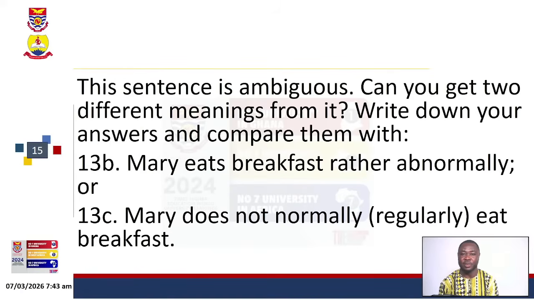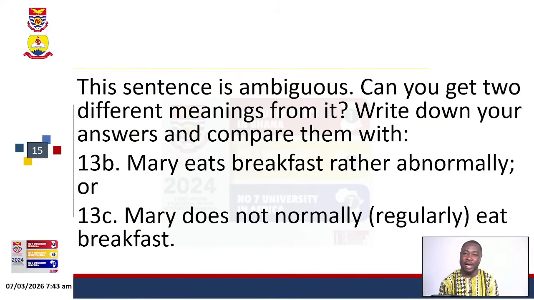Mary eats breakfast abnormally. Now, it can mean that Mary eats breakfast rather abnormally. That is the manner in which Mary eats breakfast. Then it can also mean that Mary does not normally or regularly eat breakfast.